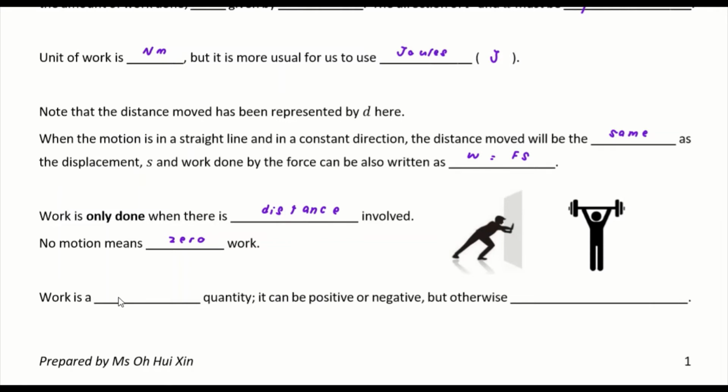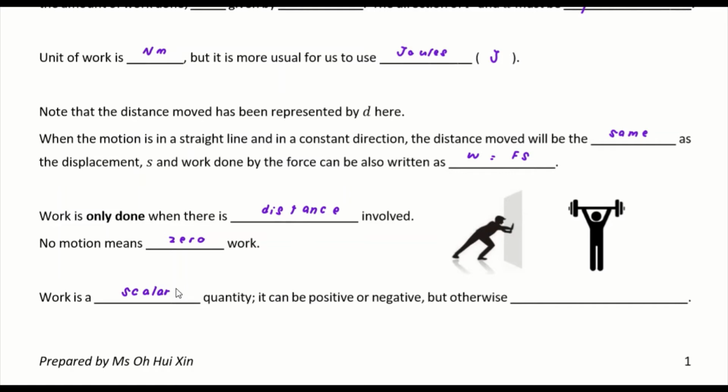Okay, so work is a scalar quantity. As we mentioned just now, it's F and D, and D is a scalar quantity. Some more detailed and complicated explanations say work is actually a scalar product of two vectors, but we are not going to explore that part, because you don't need that in your syllabus and I don't want to confuse you.